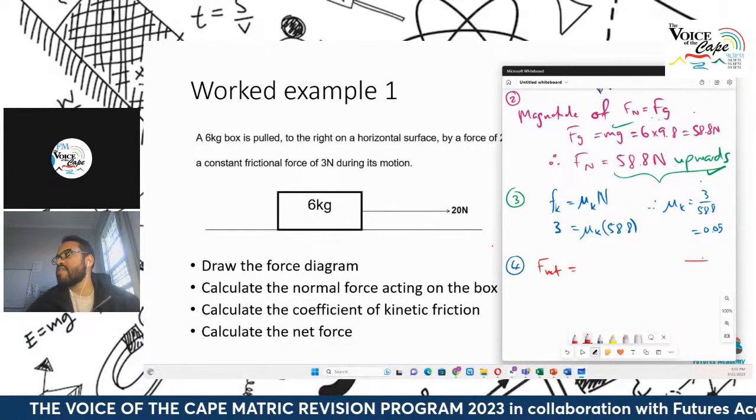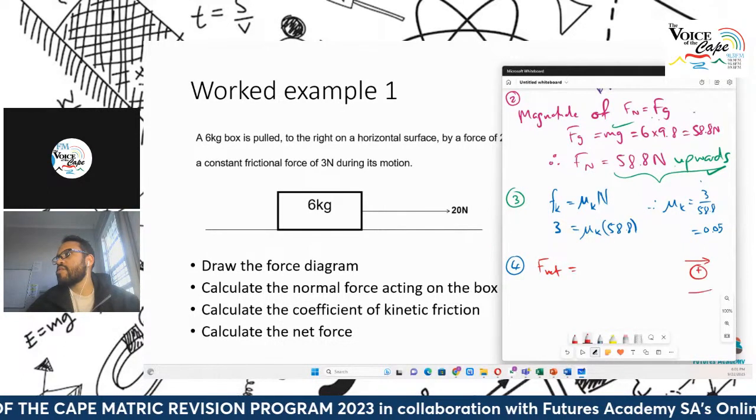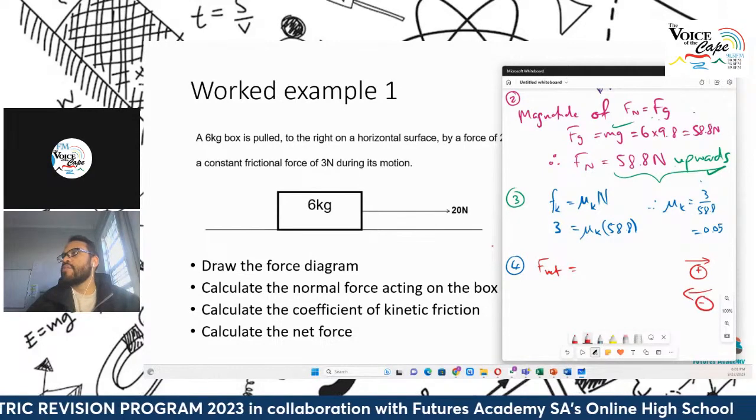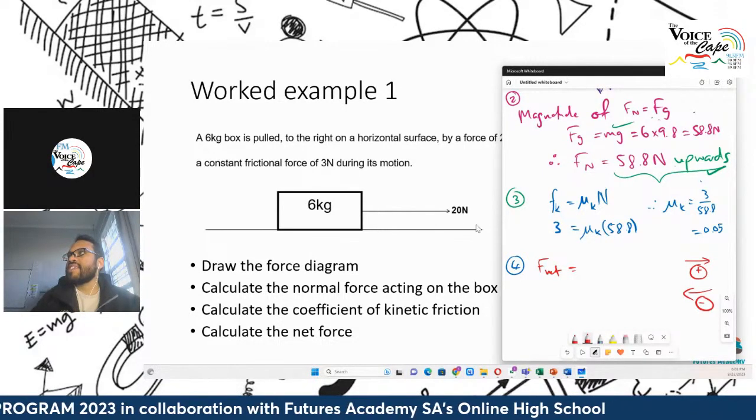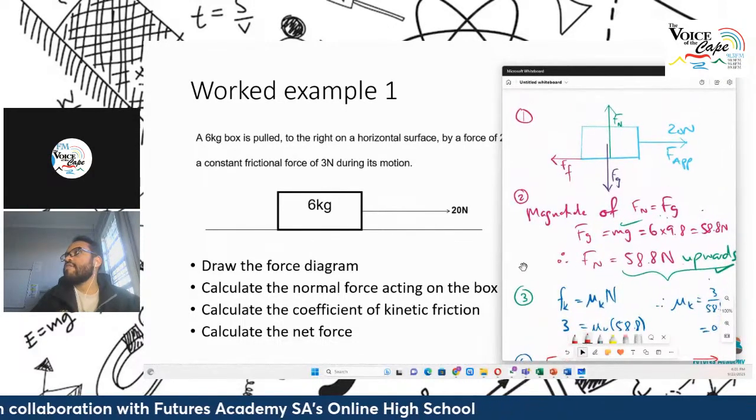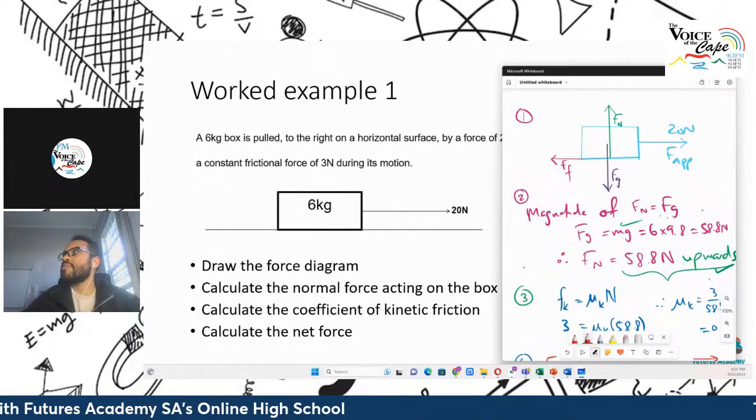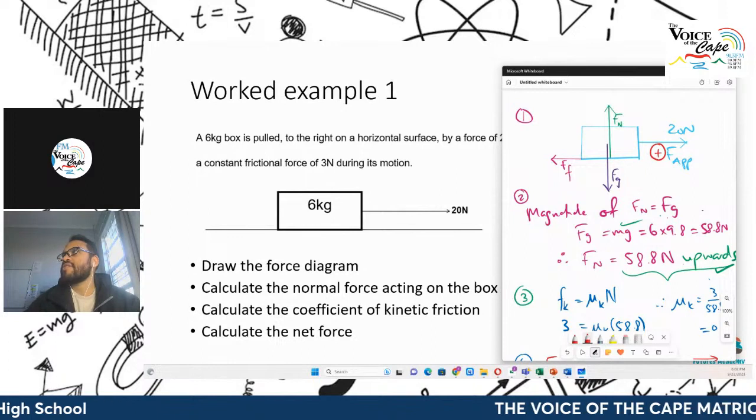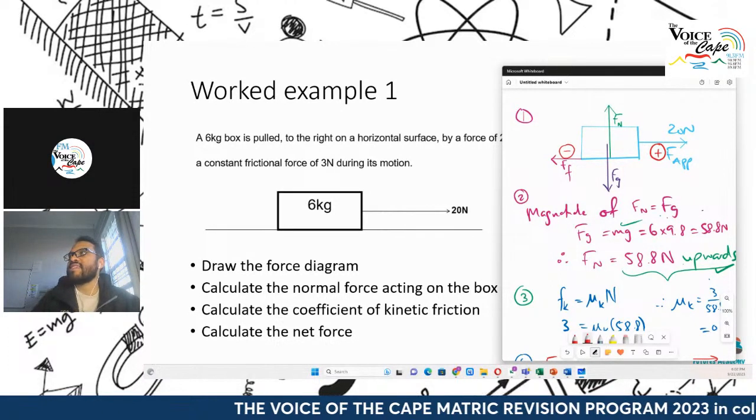So we're going to decide to the right as positive and to the left as negative, which then means if I go back to my diagram, the forces acting on this object, the applied force is to the right, and I've decided that I'm going to use that as positive, and this over here is to the left, so I'm going to use that as negative, right?